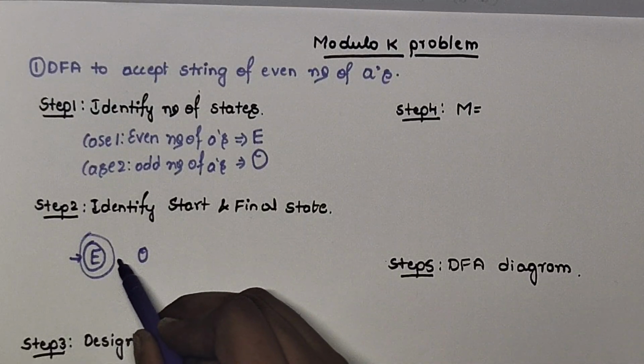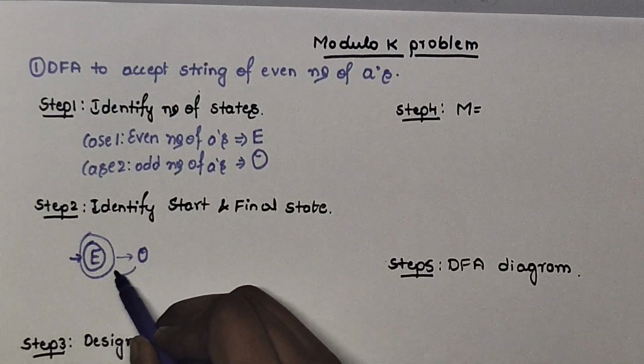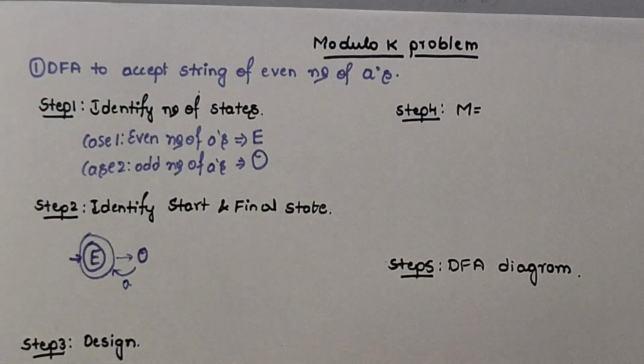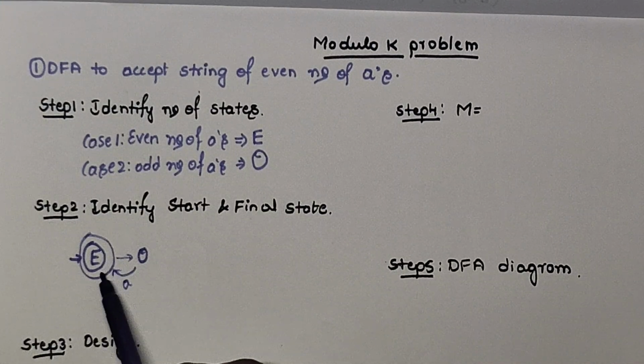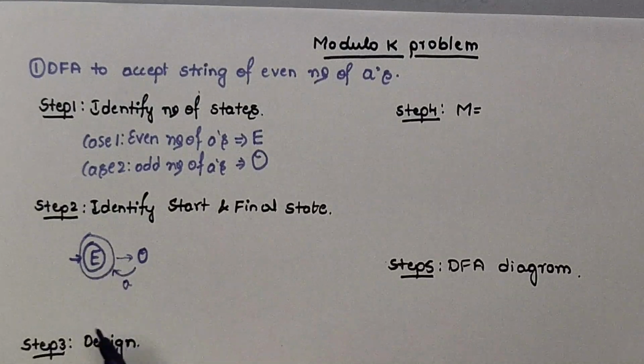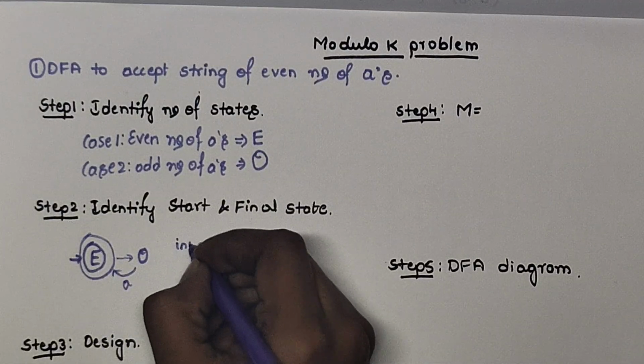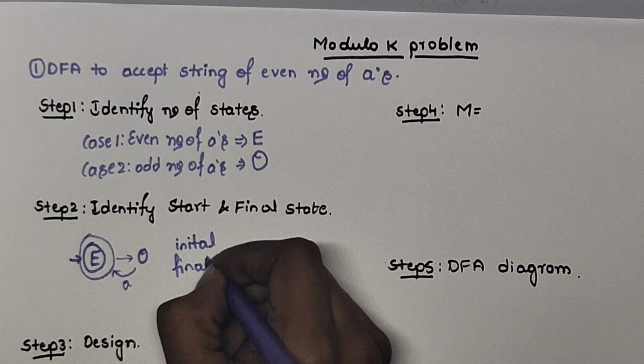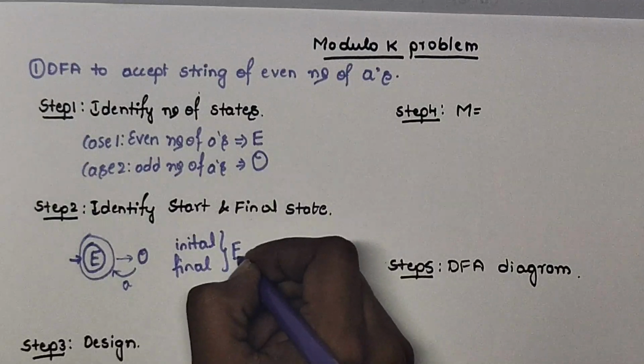If not, it will go to the odd state, and again I will add another A to that, so it will become E. So here you can conclude that the initial state E will be the final state also. Both are capital letter E.